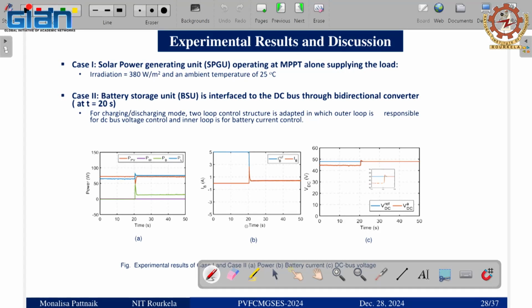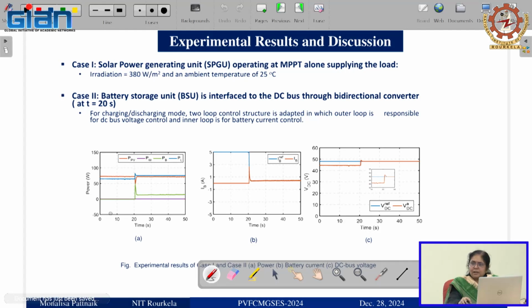I have not shown the load current because we are assuming the battery is under a safe limit. Only the power balance is happening after meeting the losses of the system, which I have tried to show.